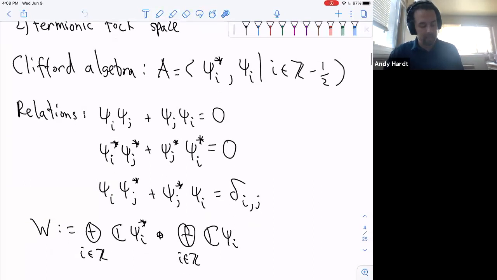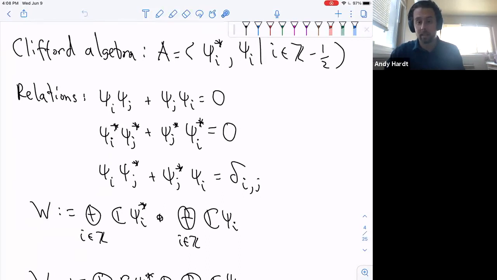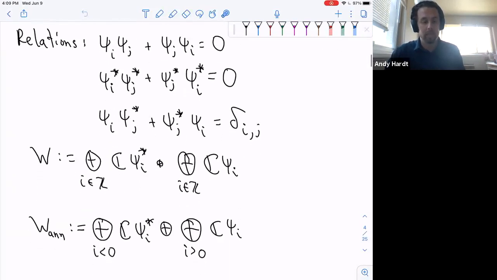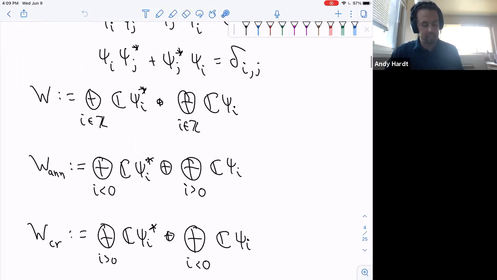And so these are going to act on fermionic Fock space and its dual. So essentially, this is the space of free fermions. We just have all the possible psi I stars and all the possible psi I's. And then we have these two different representations coming from essentially having all particles on one side and all holes on the other, and vice versa.